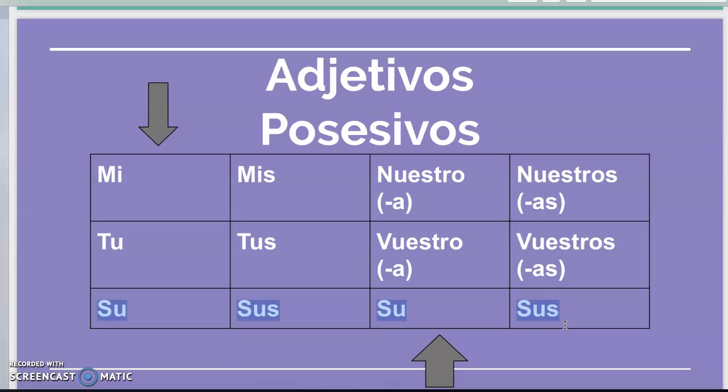Okay, so we got su, sus. On this side, it would be where usted or ellos falls, because everything is aligned with the chart on the bulletin board. And this translation would be what? Is it his or her? No, it's their, T-H-E-I-R. Their car, their cousin, their teacher, their house.